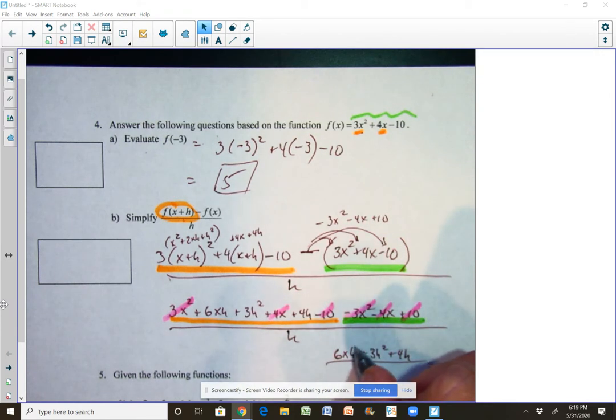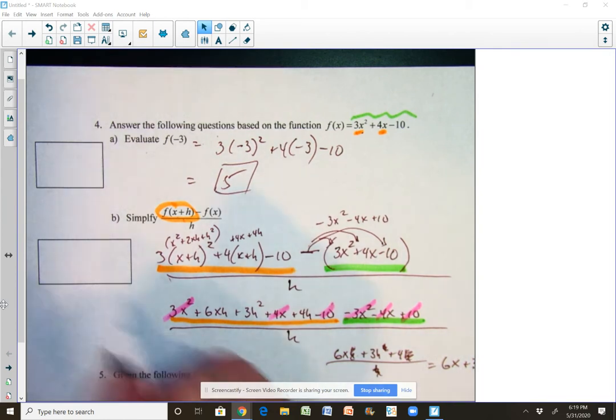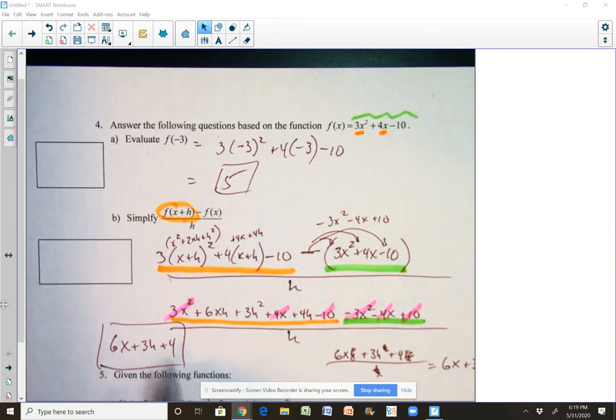So if we cancel the h's here, here, and here, and we cancel out that h, we're left with 6x plus 3h plus 4. So 6x plus 3h plus 4 represents the average rate of change for some interval size h. If we take the limit as h approaches 0, that term drops out, and you're left with 6x plus 4.